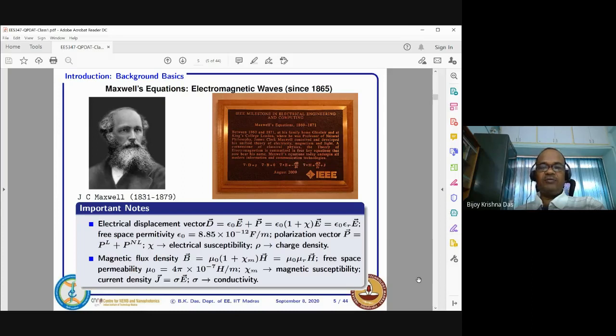At the same time, we will try to show that Maxwell's equations can be modified a little to understand the quantum nature of the light wave.